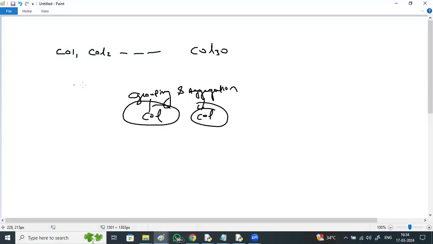So first you will extract these two columns, column 1 and column 4. After extracting, you will get column 1, comma, column 4.